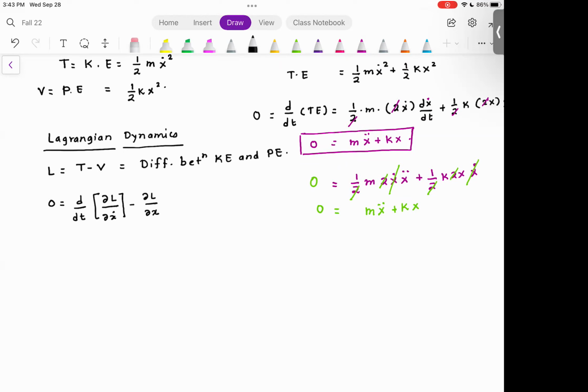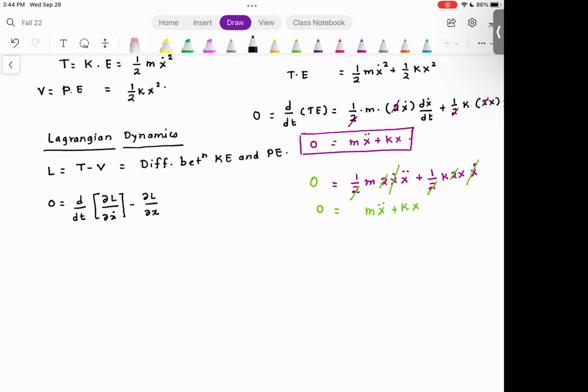So now this Lagrangian is dependent on x and x dot. So I'm interested in finding out the derivative of Lagrangian with respect to velocity and the derivative of Lagrangian with respect to displacement. Do you agree with me?